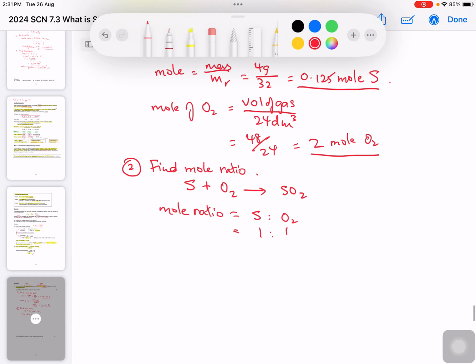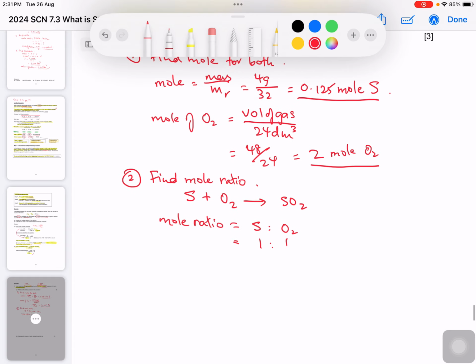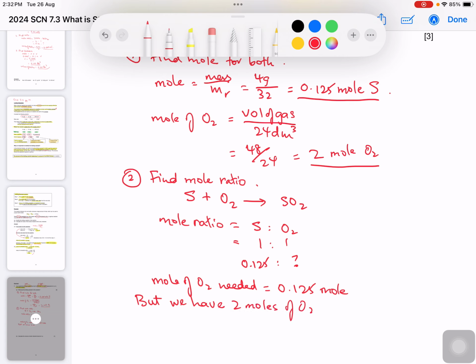Now, what do we have from the first part? Take the smaller of the two numbers. Sulfur is 0.125. That means the mole of oxygen needed is also equal to 0.125 mole. But how much oxygen do we have? We have 2 moles of oxygen.